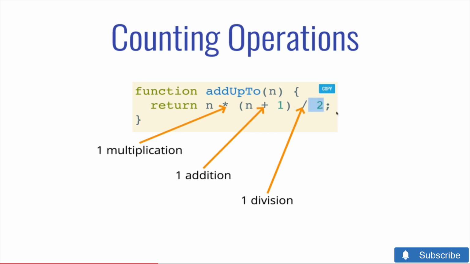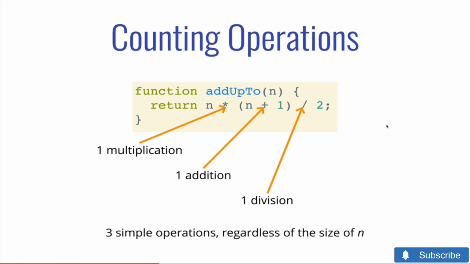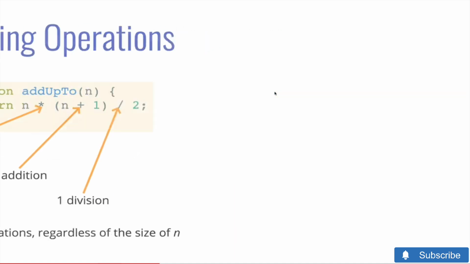The computer doesn't really need to do much there, at least compared to multiplication, addition, and division. Those are operations. So there are 3 operations, and it doesn't really matter what n is. If n is 2, or if n is 1 billion, there's only 3 calculations that are happening. So 3 simple operations regardless of the size of n, whether it's small or massive.